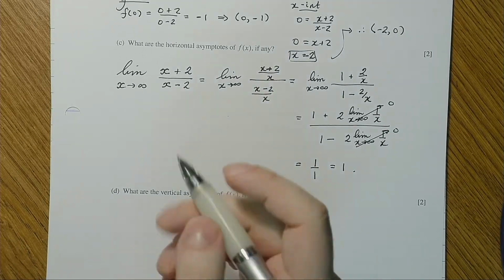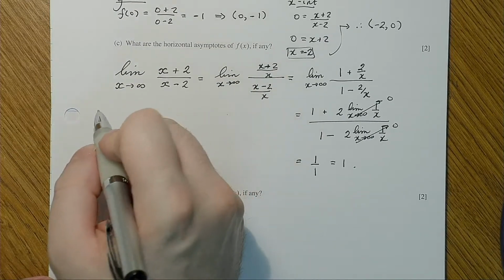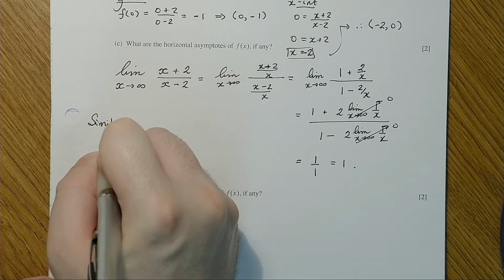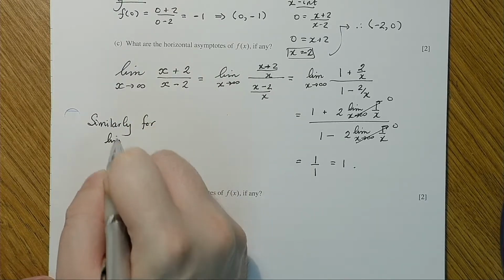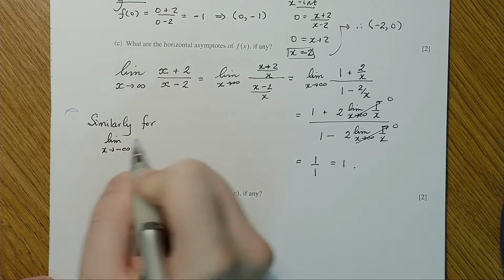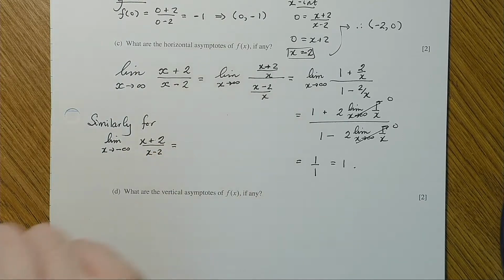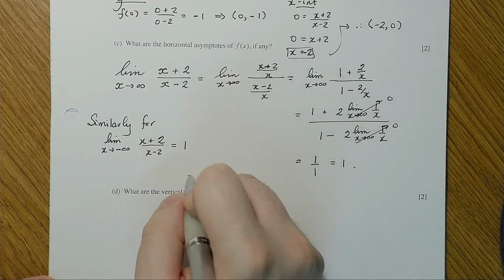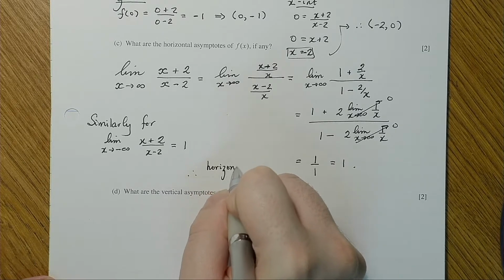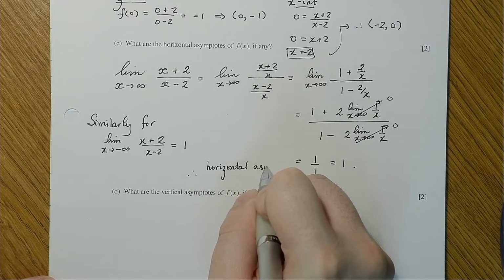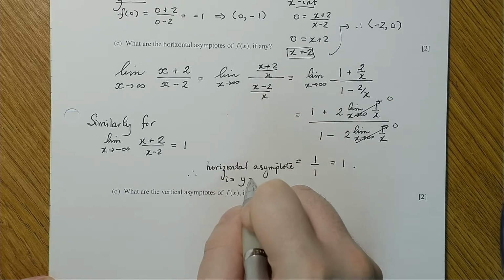So that means that my asymptote, and similarly for the limit as it's going to minus infinity, it also equals 1. So therefore, the horizontal asymptote is y equals 1.